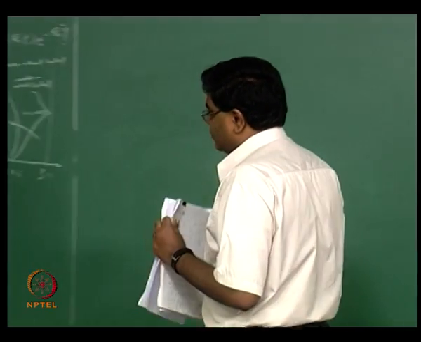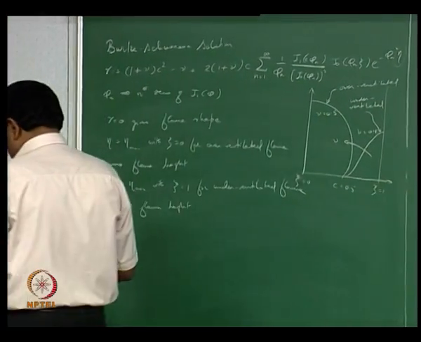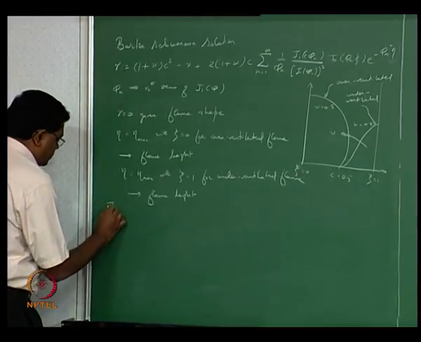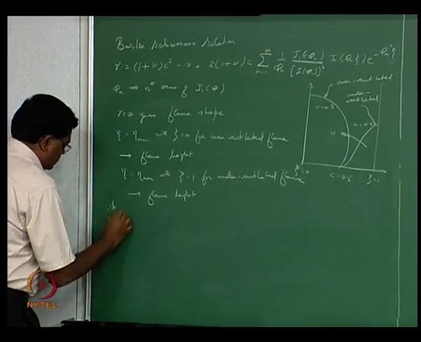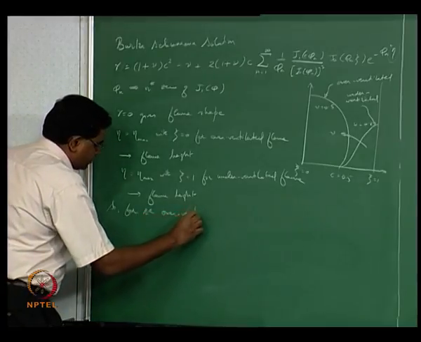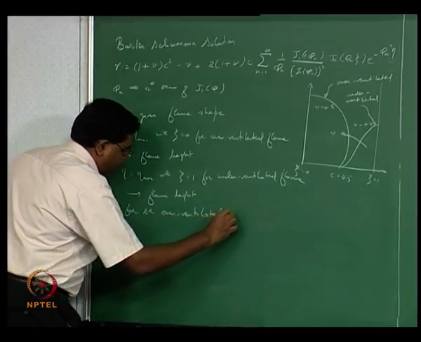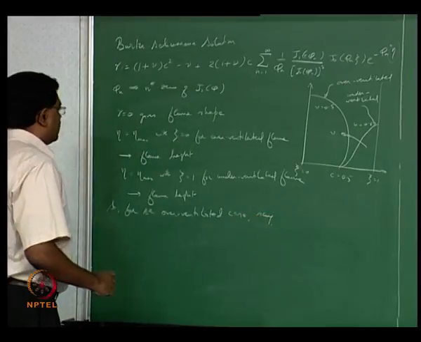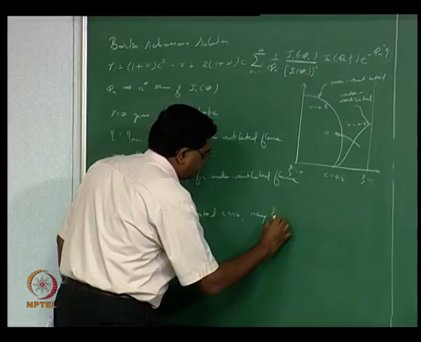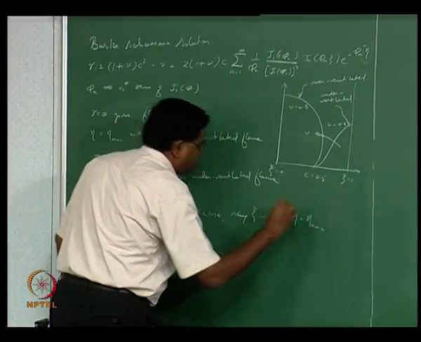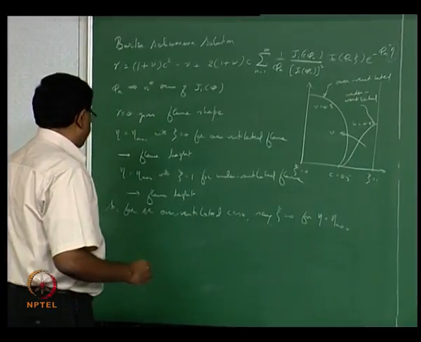So let's do this for at least one of those. For the overventilated case, say psi equal to 0, eta max, that is the height of the flame.